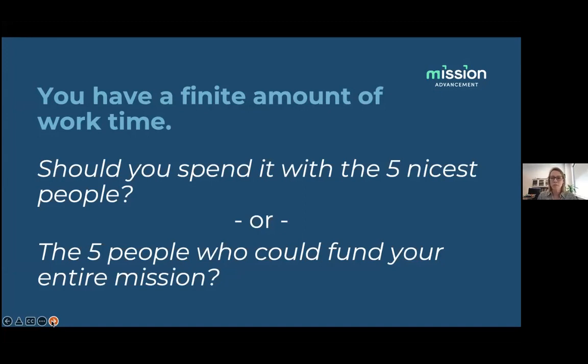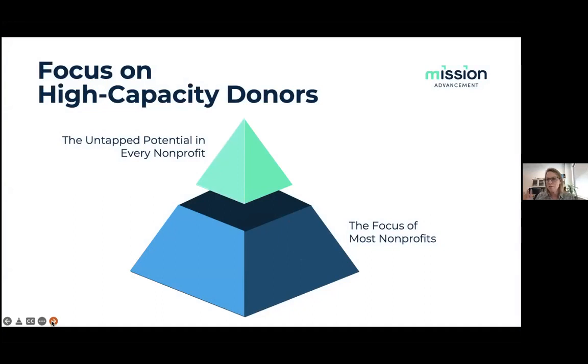It doesn't mean some people are more important than others in life. It just means in the context of this work and achieving this objective, that we need to be spending time with people who can actually have a significant impact on the financial outcomes. So a visual of this, if you think about that pyramid again in this format, most organizations tend to spend a lot of time at the bottom and middle of their pyramids.